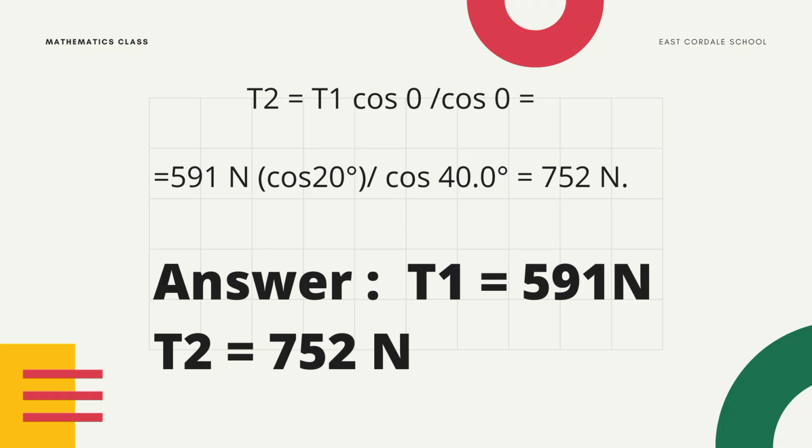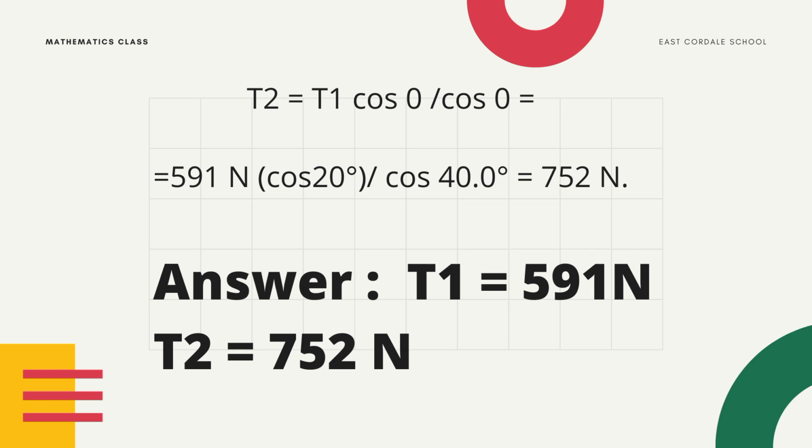Next, substituting this value of tension 1 into the equation: tension 2 is equal to tension 1 times cosine 20 divided by cosine 40. Tension 2 is equal to 591 Newton multiplied by cosine 20 divided by cosine 40.